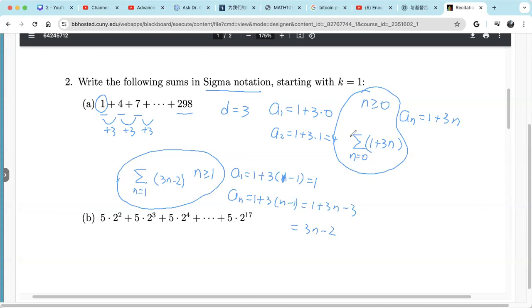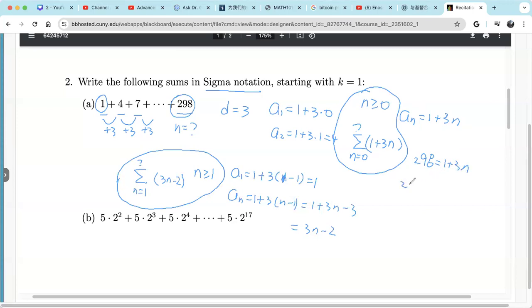Okay, now, what's the upper limit? We need to find out the upper limit. So n equals what for this one? Plug in: if we want to use n starting from 0, we use this an, right? In our case, we want to figure out n for 298. So 298 equals 1 plus 3n.